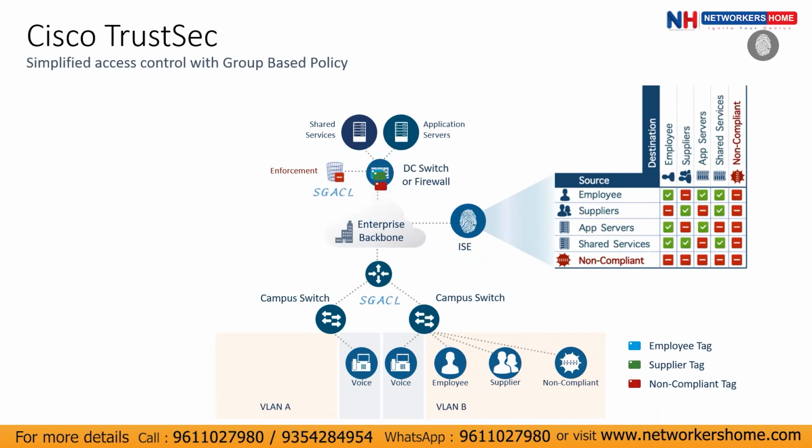You can see on this slide, employee is permitted to employee, so communication between these two is done, but employee to supplier, the communication is denied. Employee to app server is okay, but employee to non-compliant user, guest user or contractor is not permitted, right?